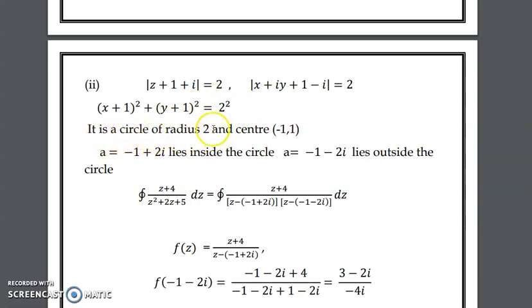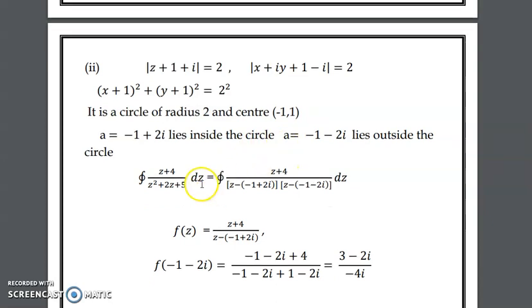It is a circle of radius 2, and the center is minus 1, minus 1. a equal to minus 1 plus 2i lies inside the circle, and a equal to minus 1 minus 2i lies outside the circle.